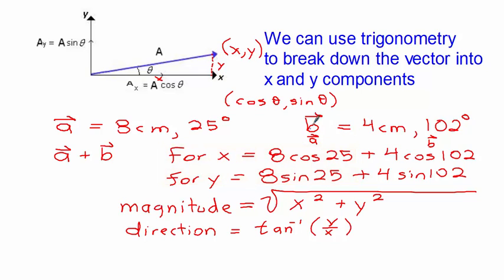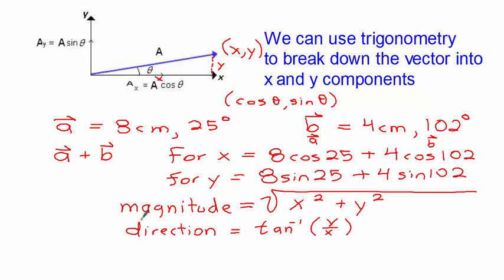Then for our second vector, vector b, we have 4 centimeters and 102 degrees, so cosine 102 and sine of 102. This is going to give us our x distance and our y distance.